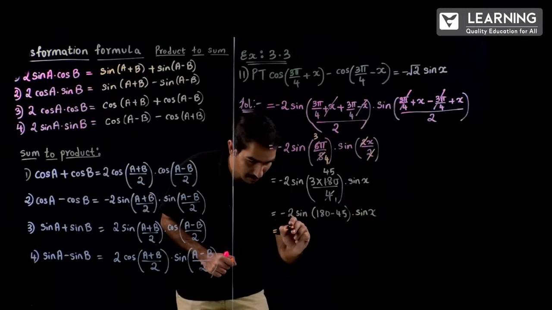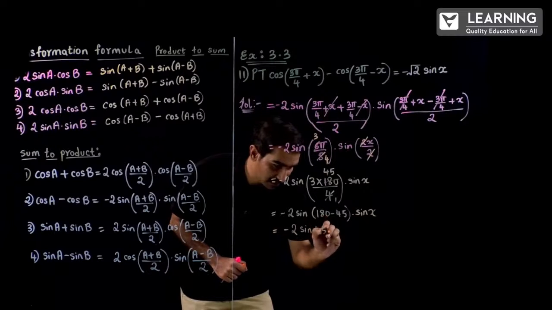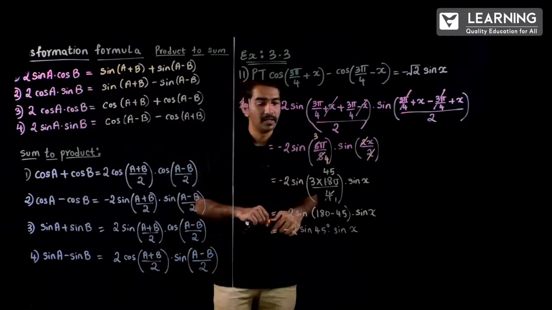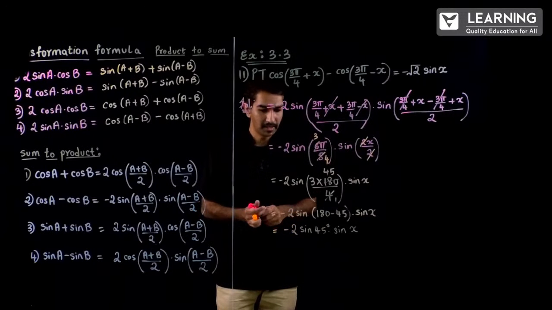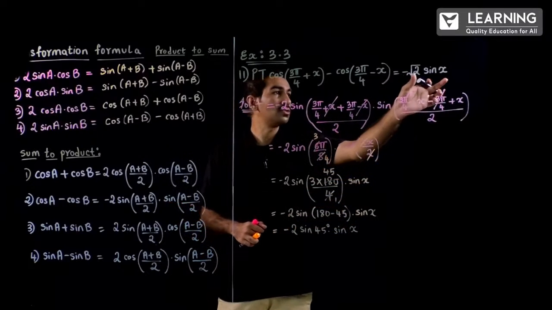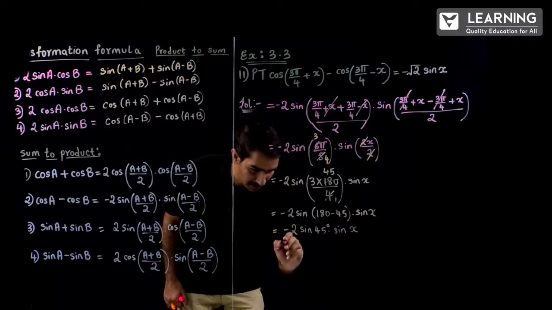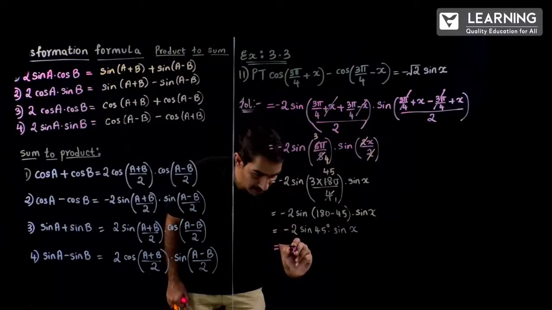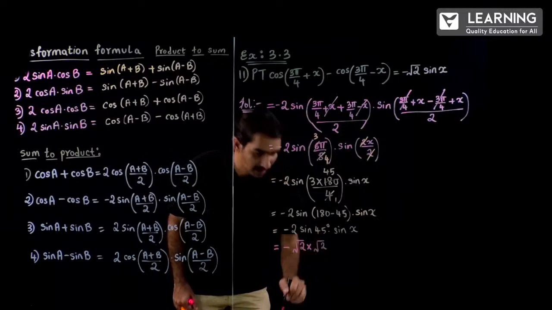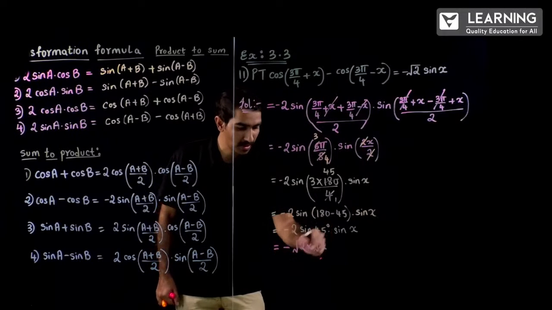Here we'll write again, minus 2 sine 45 degrees into sine x. Now simplifying further, sine 45 can be written as what, students? See what we have to prove, minus root 2 sine x, correct? So this 2 we have, minus sign we'll write as it is. This 2 can be written like this, root 2 into root 2, which is nothing but this single 2. So root 2 the whole square, square and root will get cancelled.